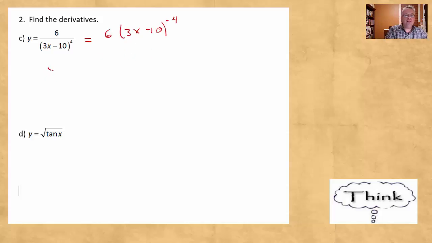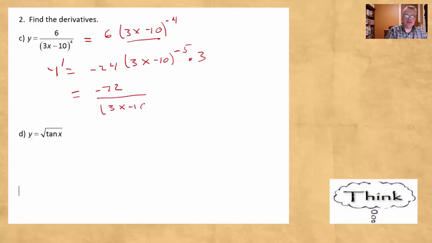So y prime would be negative 4 times 6 is negative 24, 3x minus 10 to the 1 less power, well, negative 4 minus 1 would be negative 5, times the derivative of the inside, times 3. Negative 24 times 3 is negative 72. And I can put this guy in the denominator because it's to the negative 5th power. So this would be over 3x minus 10 to the positive 5.